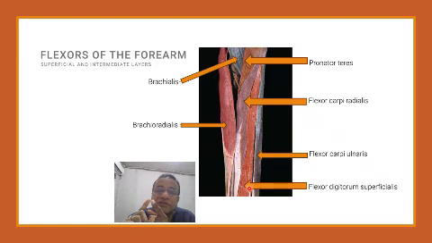What are the muscles we discussed? Pronator teres, flexor carpi radialis, flexor carpi ulnaris, palmaris longus, and flexor digitorum superficialis. Other than that, we could identify the brachioradialis and brachialis. So in the next slides, we will go to the deep muscles of the flexor compartment, flexor muscle group.